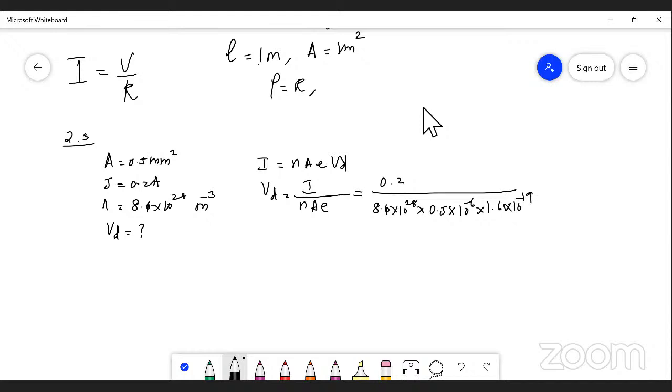So I can cancel out the powers here. 19 minus 25 leaves 6, and with the other powers, 10 power plus 3 is left.